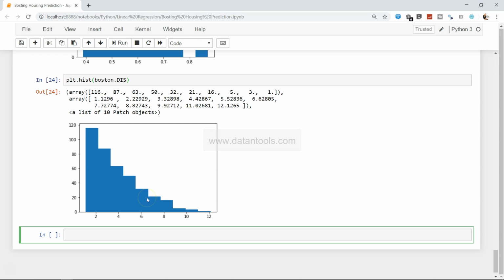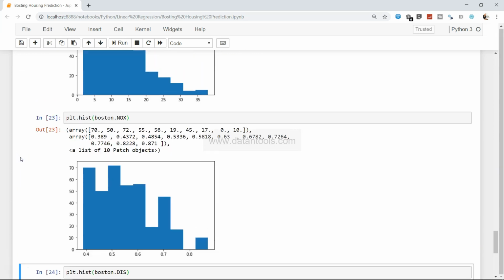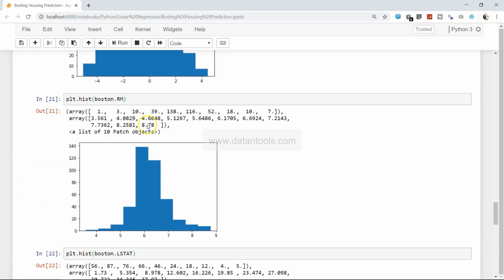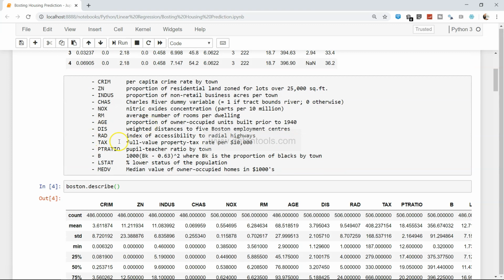from this structure. So the last one can be the pupil teacher ratio. So boston.ptratio, or we already did that, NOx, lstat we already did, and we'll just check the PT ratio.